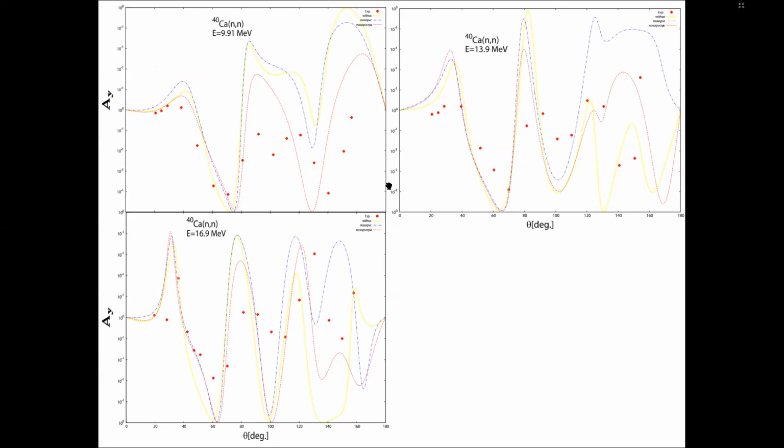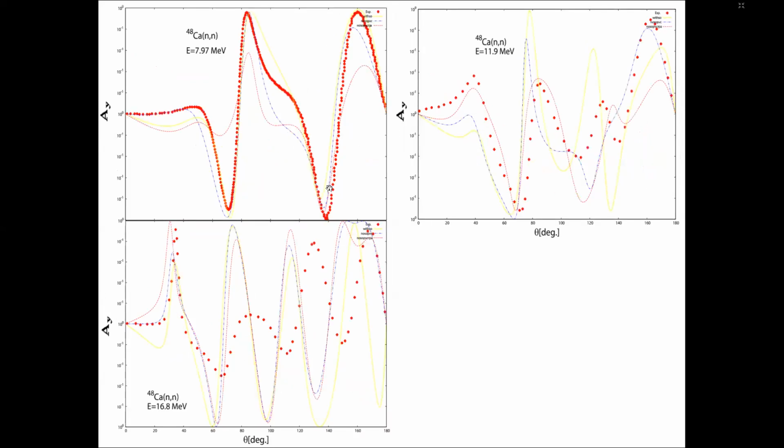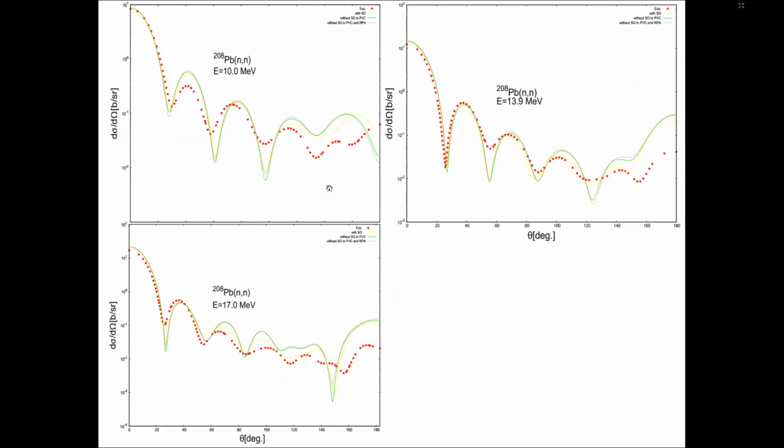See, it's a surprise for me. Okay. For calcium-48 and for lead, yes, see this angular distribution with and without the spin-orbit term, it is almost the same. It is slightly improved by the spin-orbit term. Okay.